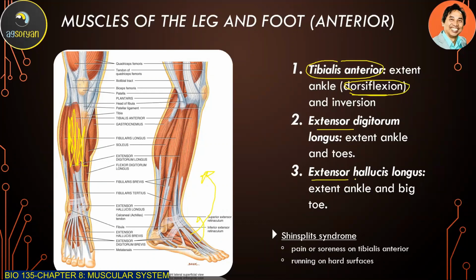There are also the extensor digitorum and extensor hallucis, the muscles that perform flexion or extension of the fingers or toes. Shin splint syndrome is usually soreness in the tibialis anterior muscle.